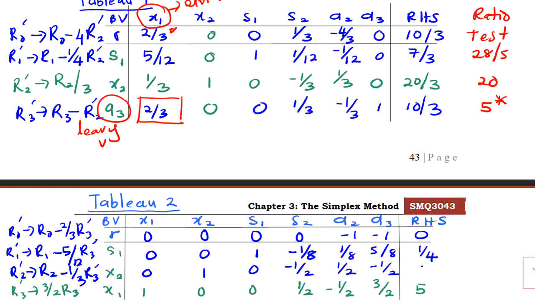-1/2, and 5. So from Tableau 2, we can see that this is the optimal Tableau for phase 1, because there is no more positive coefficient in row 0.